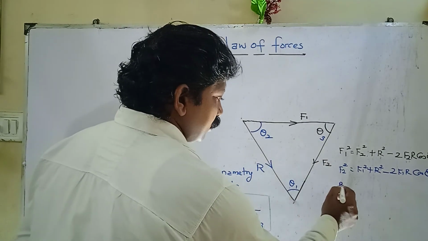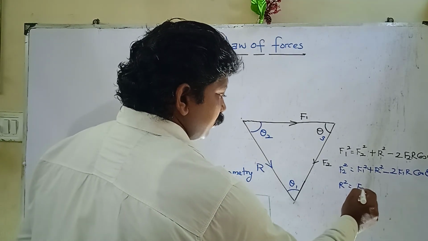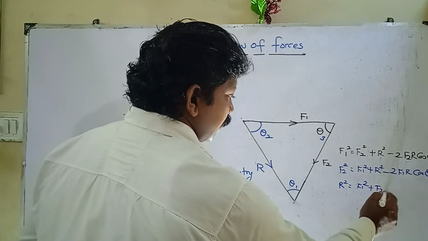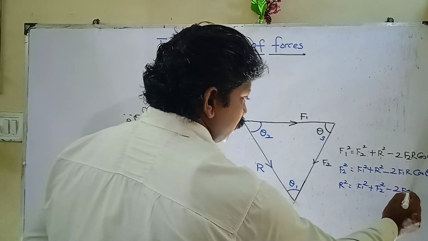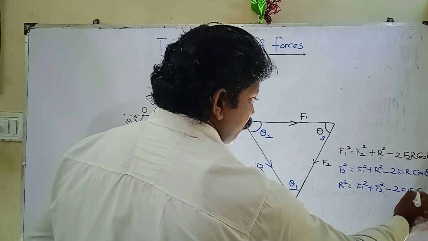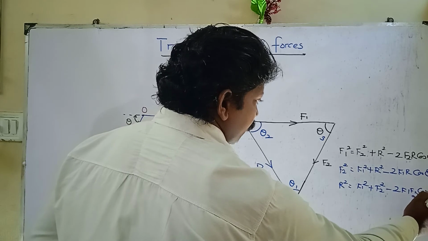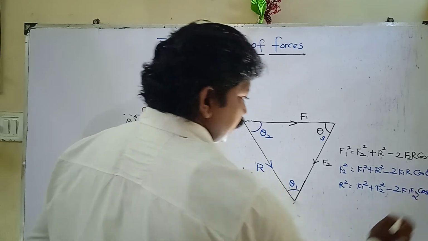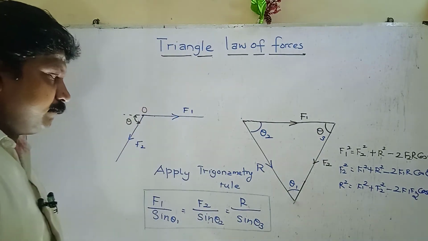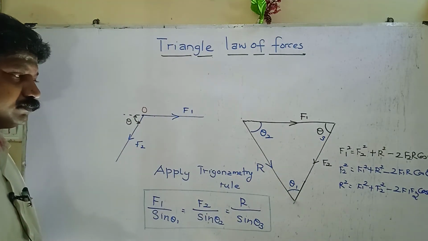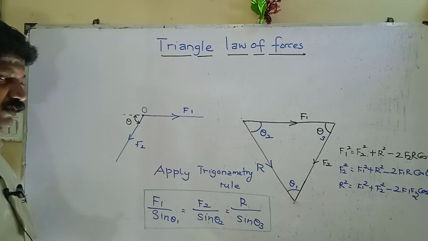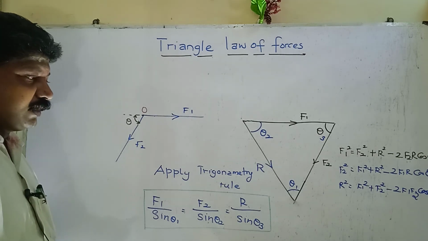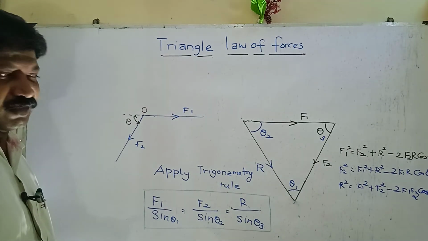Similarly, R squared equals F1 squared plus F2 squared minus 2 F1 F2 cos theta 3. By using these formulas, you have to find the resultant and the direction of the resultant.